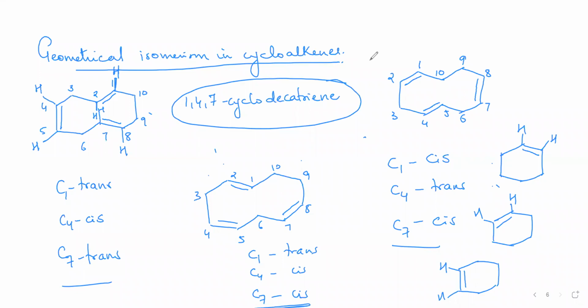So write down: minimum number of carbon in a cycloalkene to show geometrical isomerism is 8. So cyclohexene doesn't show geometrical isomerism. In cycloalkenes, geometrical isomerism starts from C8. Say for example, I take this. Could you give me the configuration here?